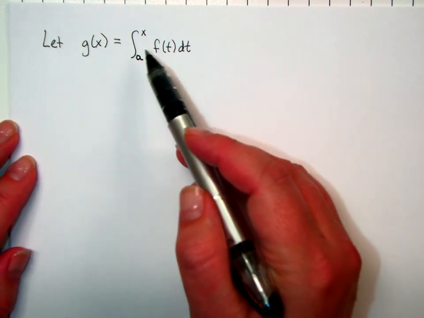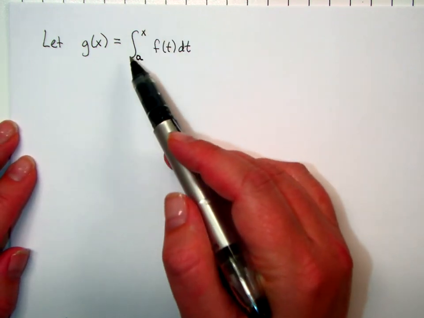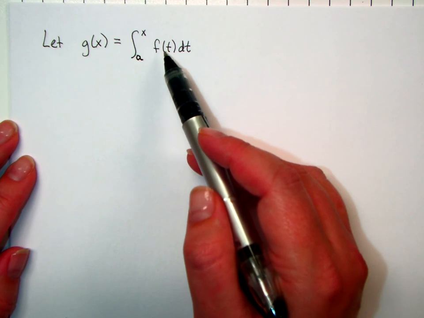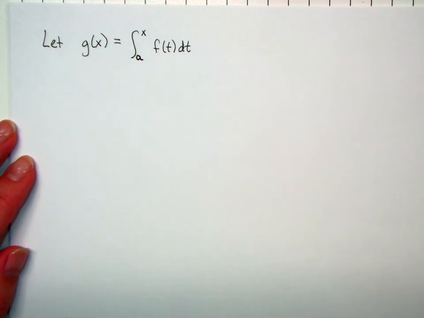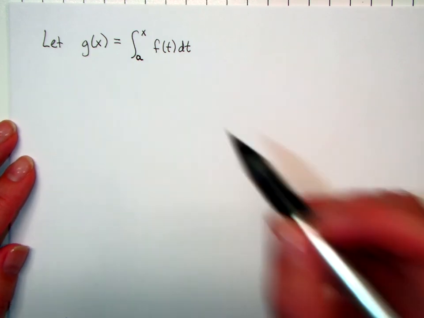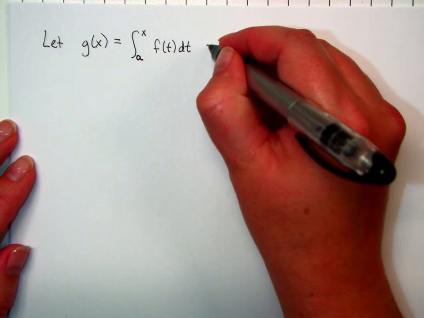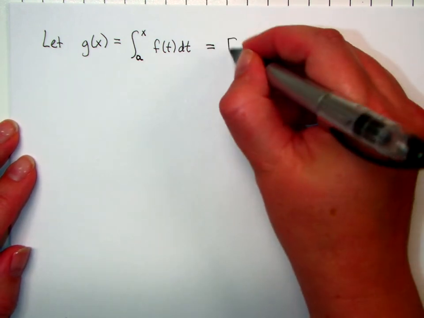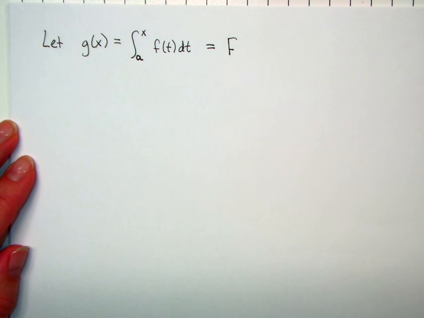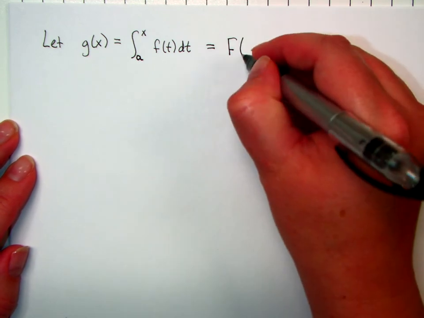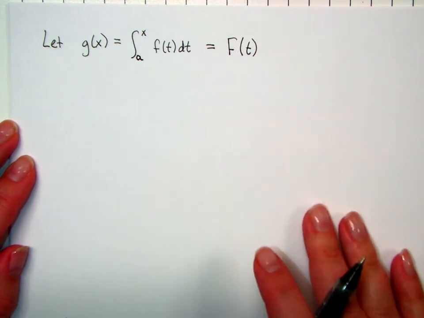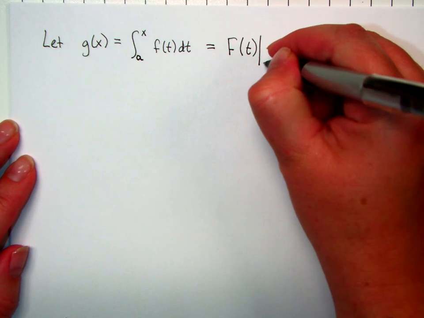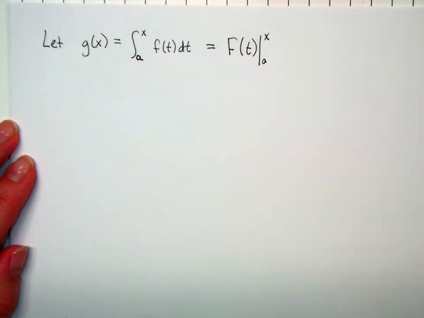So if I were to calculate this integral, I would have to find the antiderivative of f. And for simplicity's sake, I'm going to call the antiderivative of little f capital F. So I want to evaluate the antiderivative from a to x.